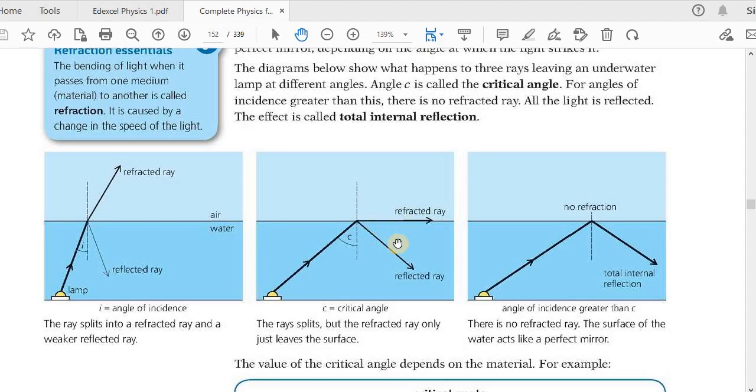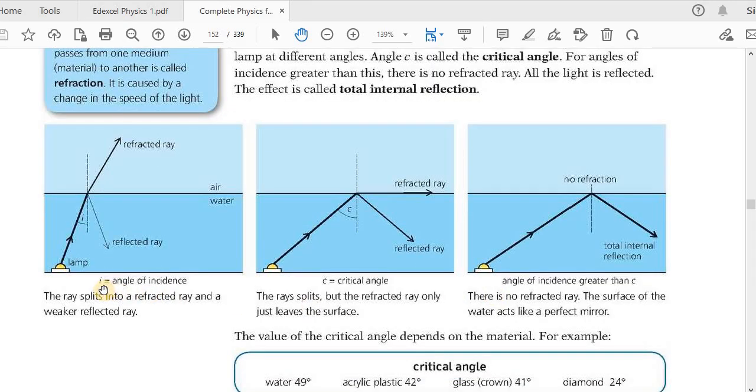But it has to be within the denser medium for you to observe total internal reflection. Over here, the angle of incidence is greater than the critical angle, therefore there is no refraction, everything is reflected. Therefore we call this total internal reflection.